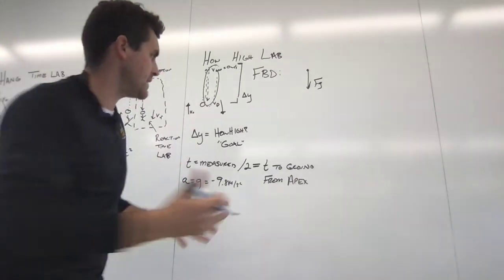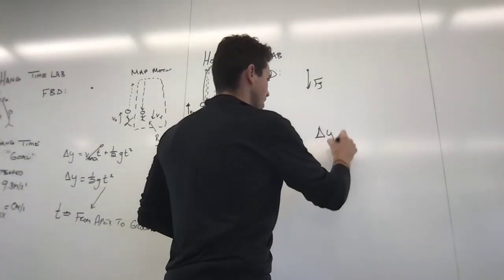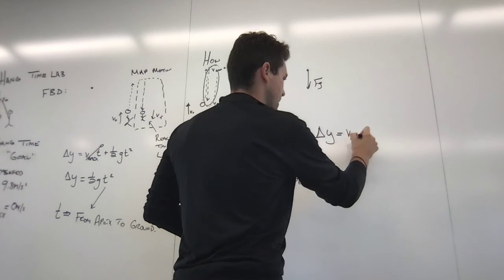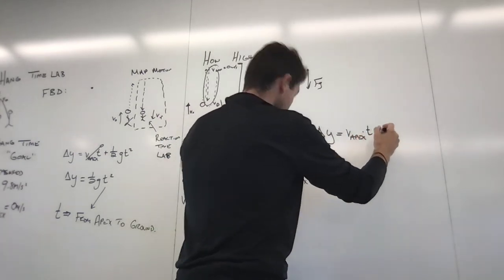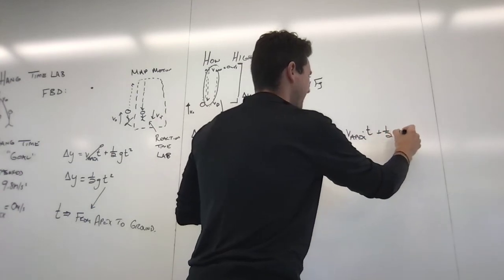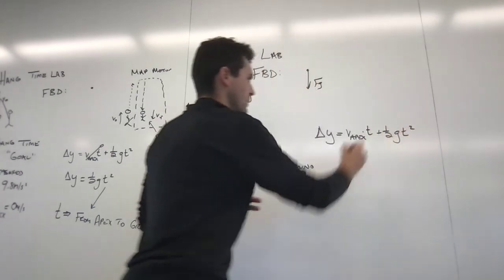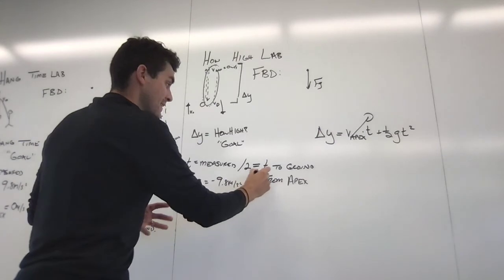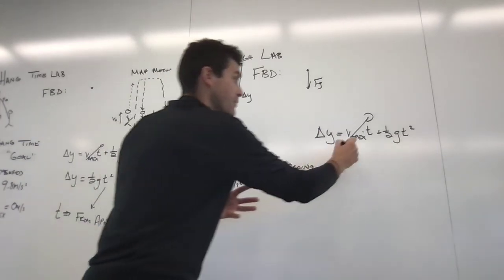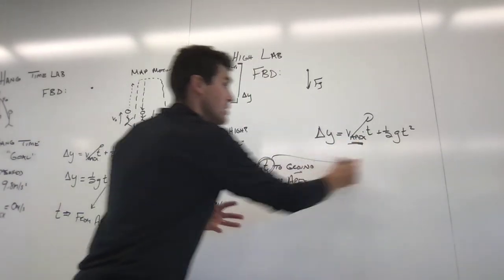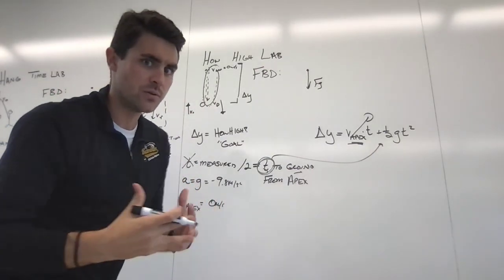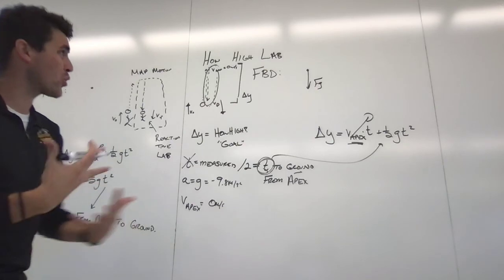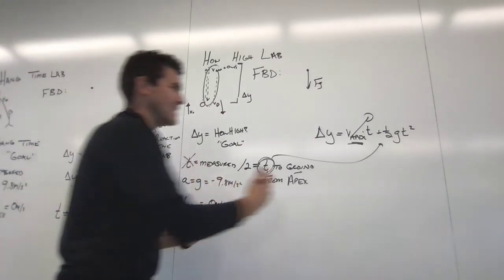I can set up the exact same equation. I can say, change in y is equal to the initial velocity at the apex times time, plus 1/2 gt squared. Well, that's 0. Remember, the time I need to use is the time from the apex to the ground. So this is my time. I can't use this time. I need to divide it by 2. This will help me work through figuring out my delta y.